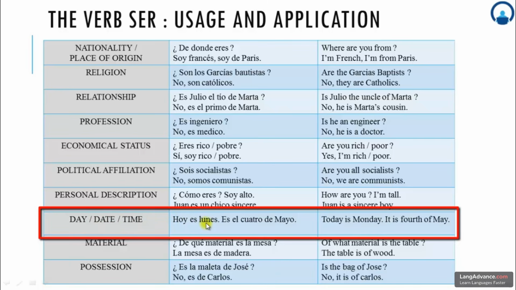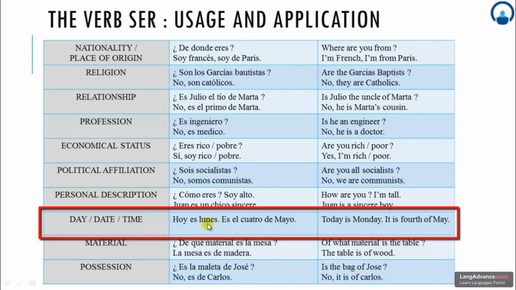If you say that today is Monday and tomorrow is going to be Tuesday, so it is not fixed. But when I'm talking to you, the condition is fixed. If at this moment I'm telling you that today is Monday, that state is going to be for a longer period of time.